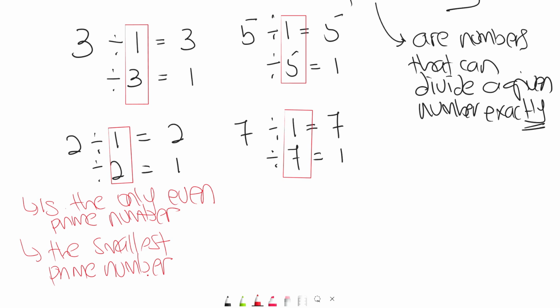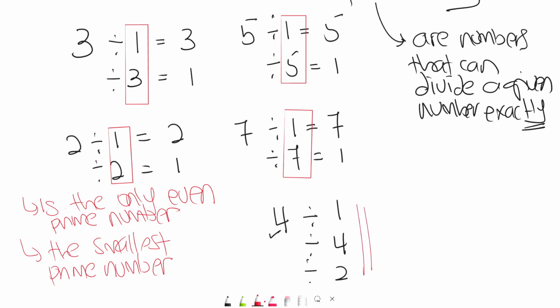They cannot be even numbers because for any even number, let's do a test. Let's take 4. I can divide it by 1, and I can divide it by itself. Remember, this is an even number, so that number can be divided by 2. All even numbers can be divided by 2. Therefore, these numbers have more than two factors, so they cannot be a prime number. So what are they called?